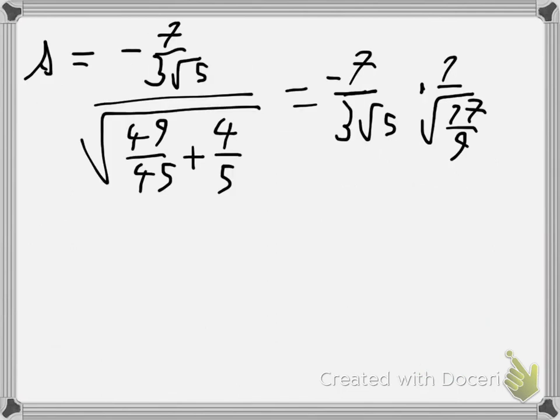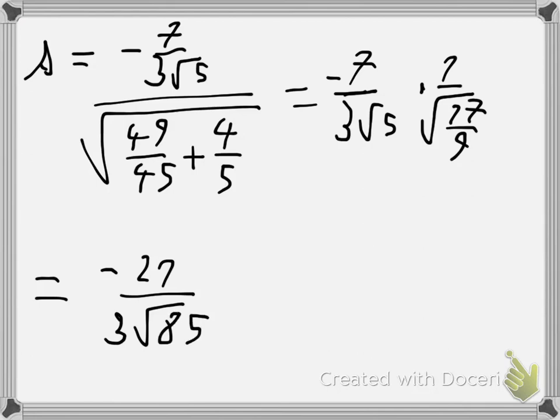And now we can distribute the square root here and take the 9 on the top. So we get negative 21 over 3 times square root of, we can multiply 5 and 17, we get 85, I think.